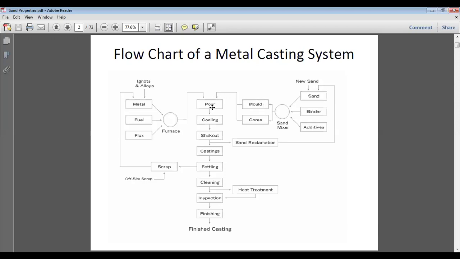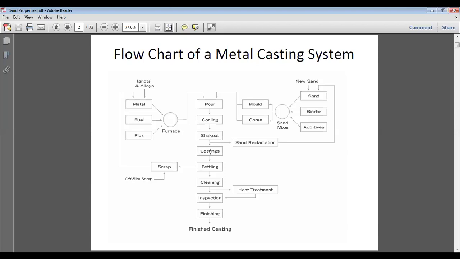After that, when the metal is poured, cooling is done, and solidification is done. After that, in shakeout, we ram or slightly hammer the mold from the outside, so that the part leaves the molding sand, and then the casting is taken out.